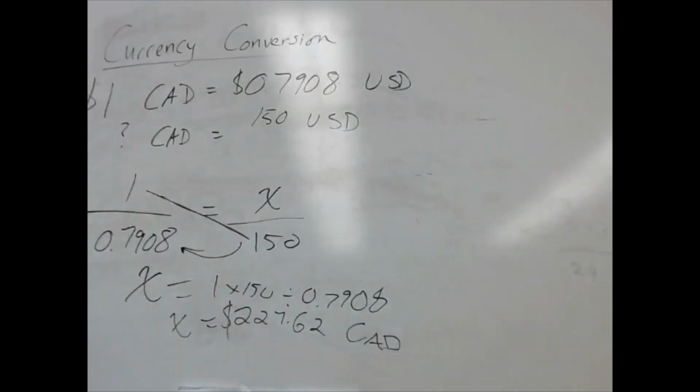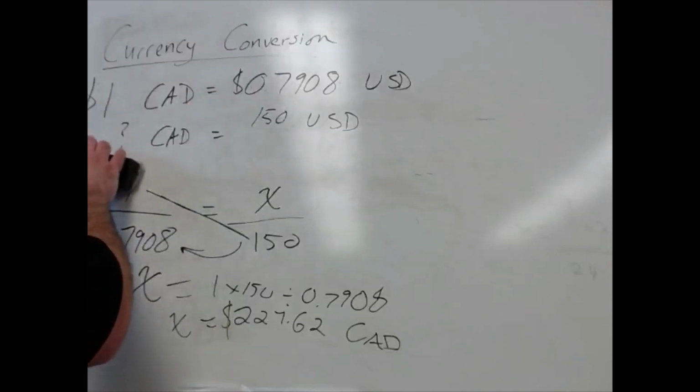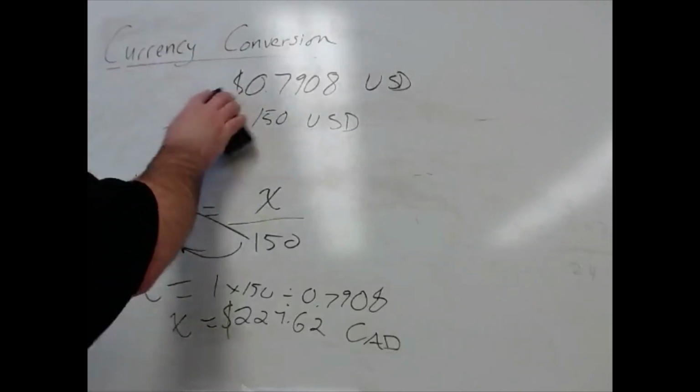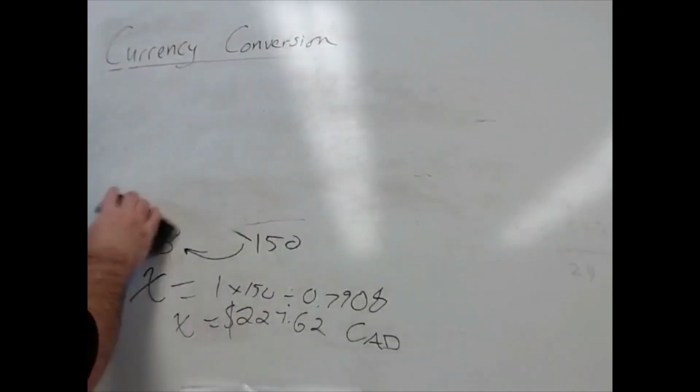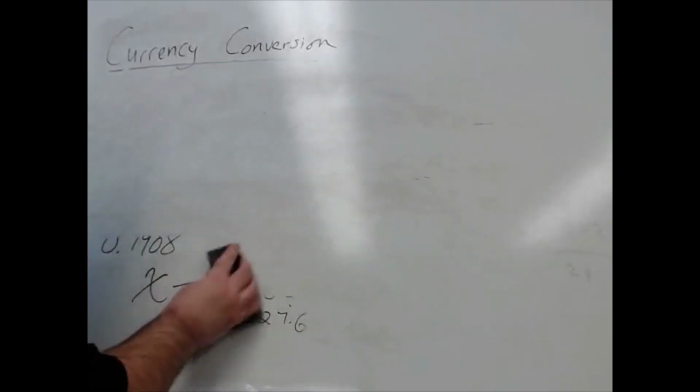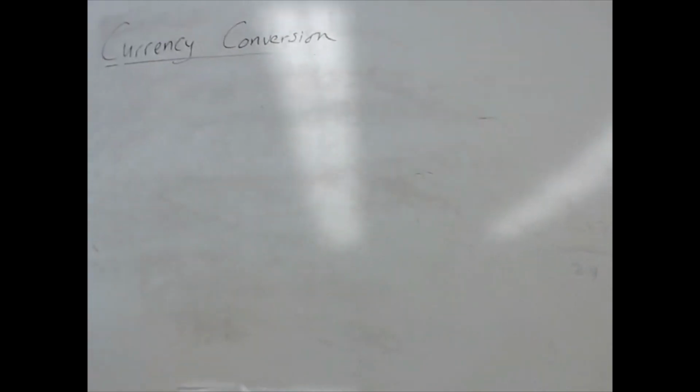So note that we can use the same conversion rate to go both directions, whether we're solving for Canadian or US dollars. Let's use a different currency rate besides American dollar for now. Let's try using Indian rupees.